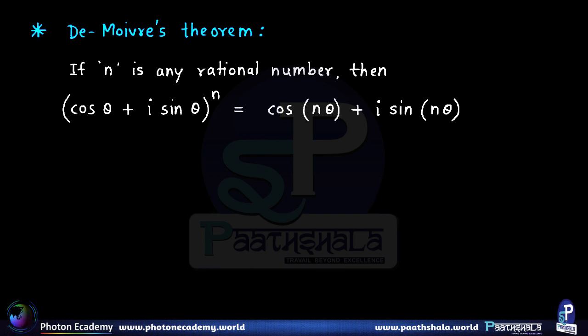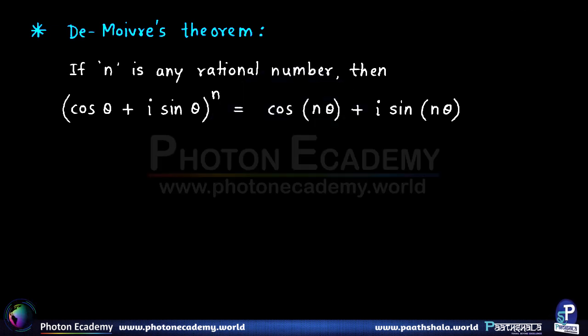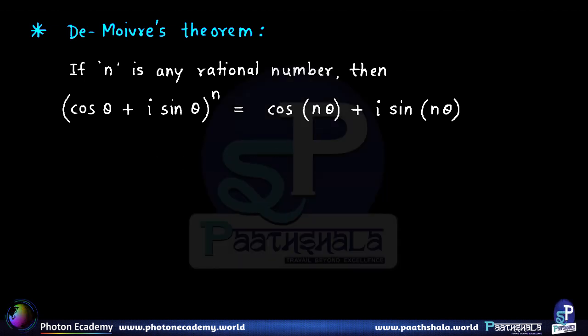So in other words, de Moivre's theorem gives us a way to quickly calculate the nth power of any complex number. And what happens is, the angle theta in the original complex number gets multiplied with n, which is nothing but the power to which we are raising the complex number. So that is a very important theorem.